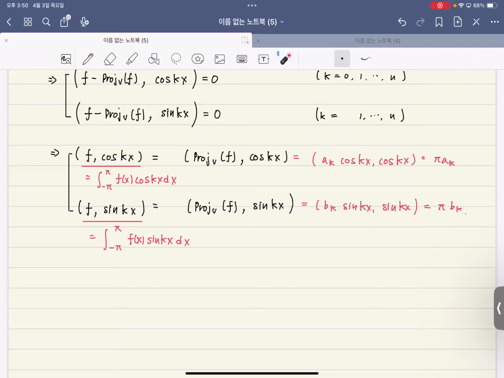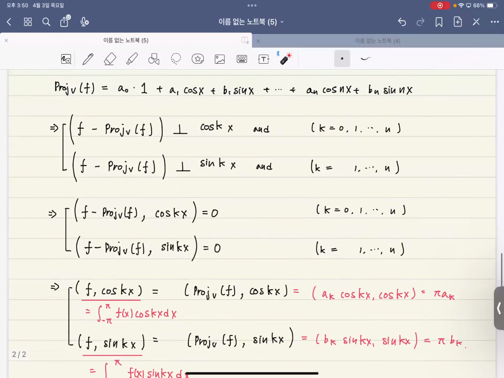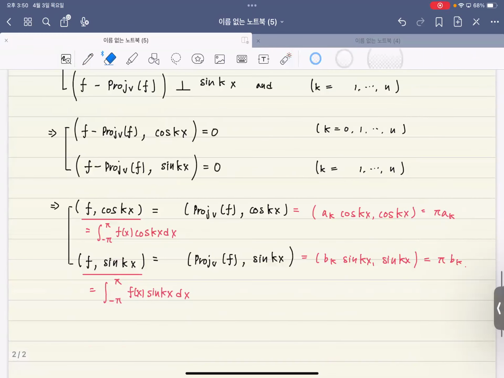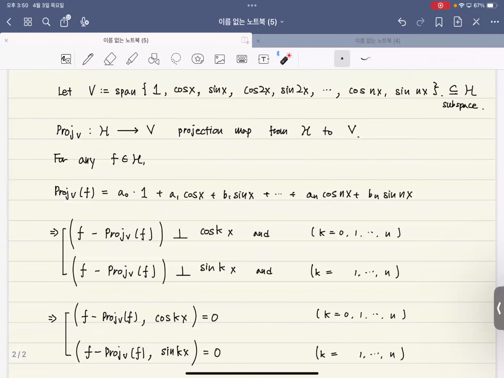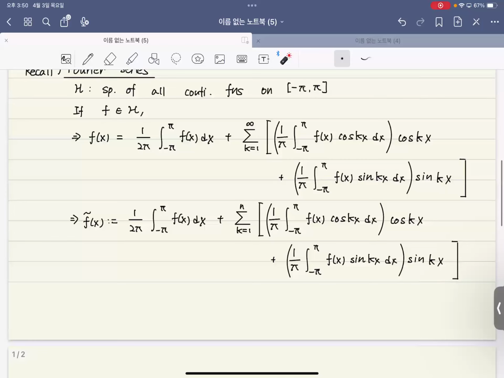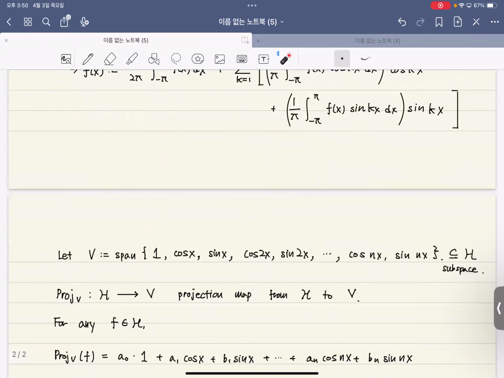All right, so we can determine these coefficients from a0 to an and from b1 to bn. We are actually repeating the same thing, but this entire discussion tells us that truncating the infinite series into this finite series means you are projecting f onto the finite dimensional vector subspace spanned by these basis vectors.